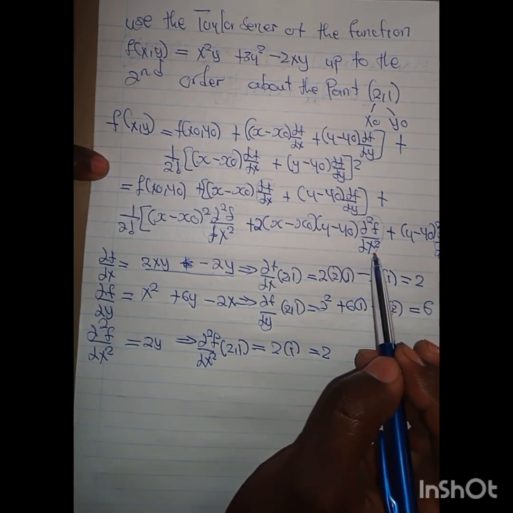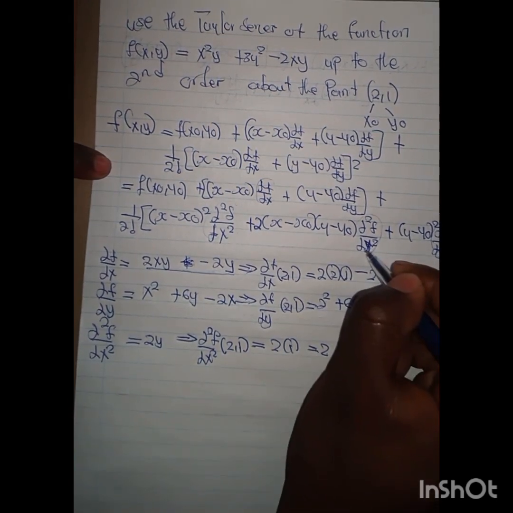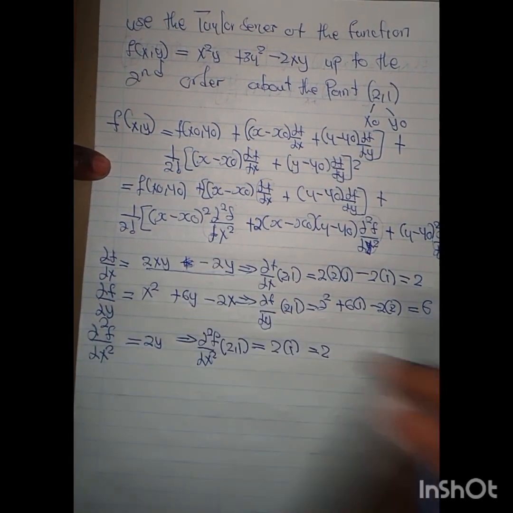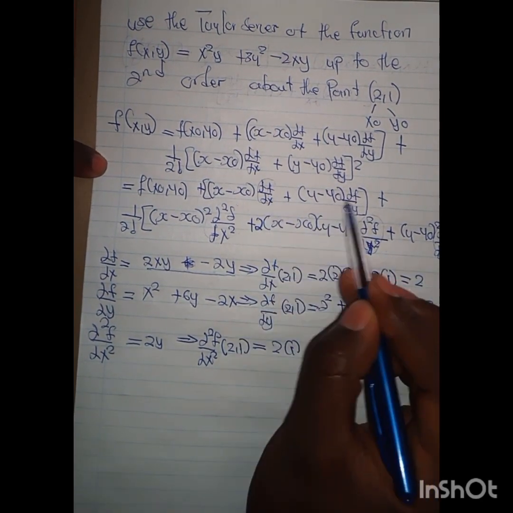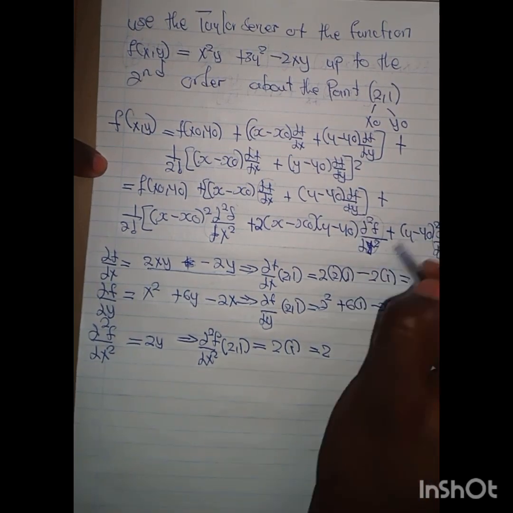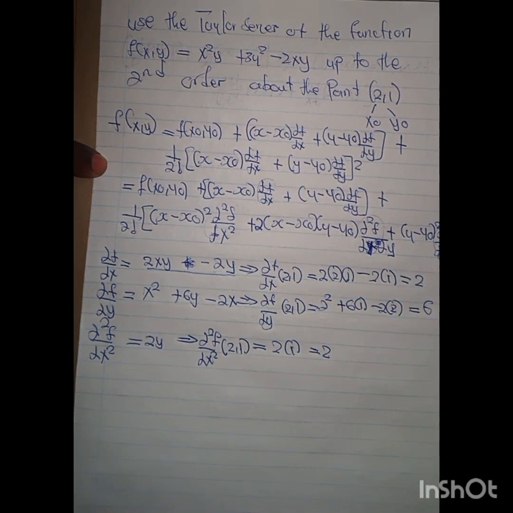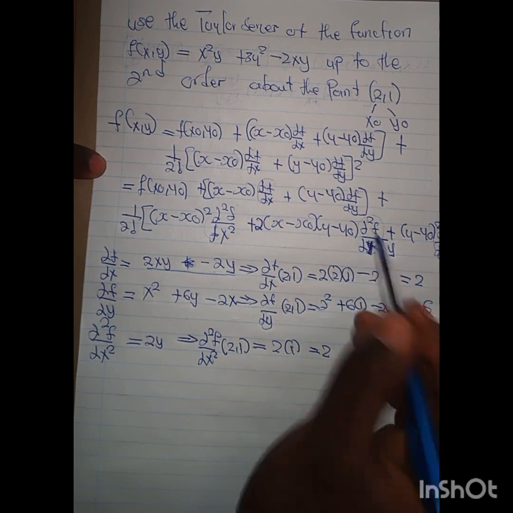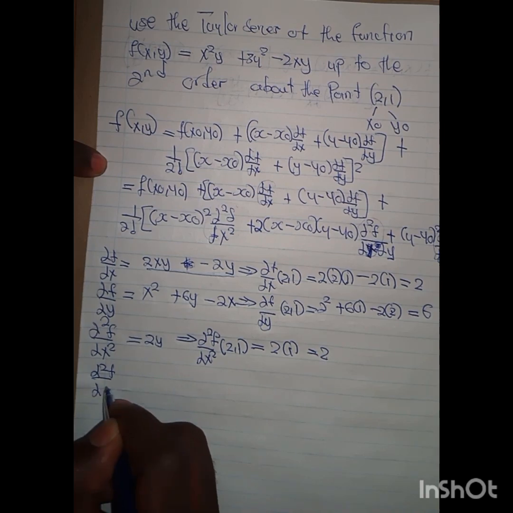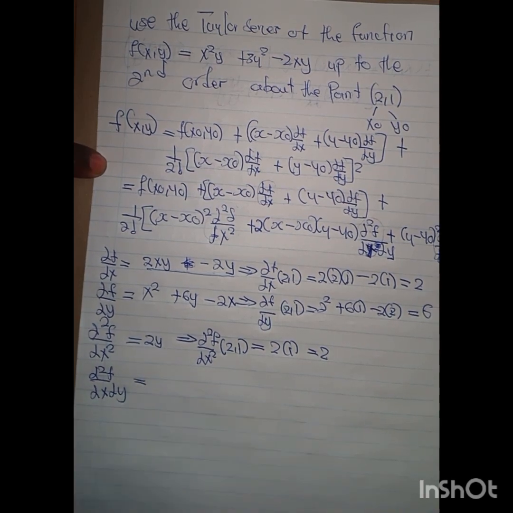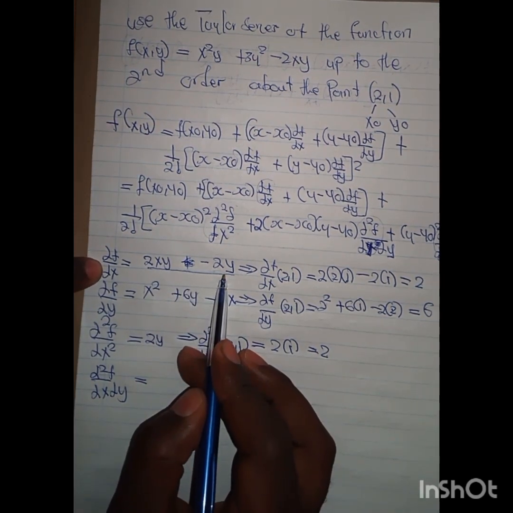Where is this part? Yeah, this is a y squared, not x squared. Because we multiplied df dx, df dy, we must have dx dy like this. So now let us find the following: d squared f over dx dy. And then from this equation, we differentiate it this time around with respect to y.